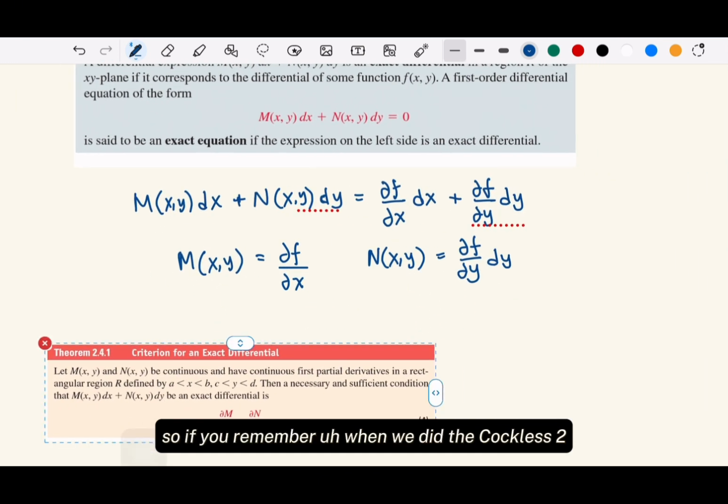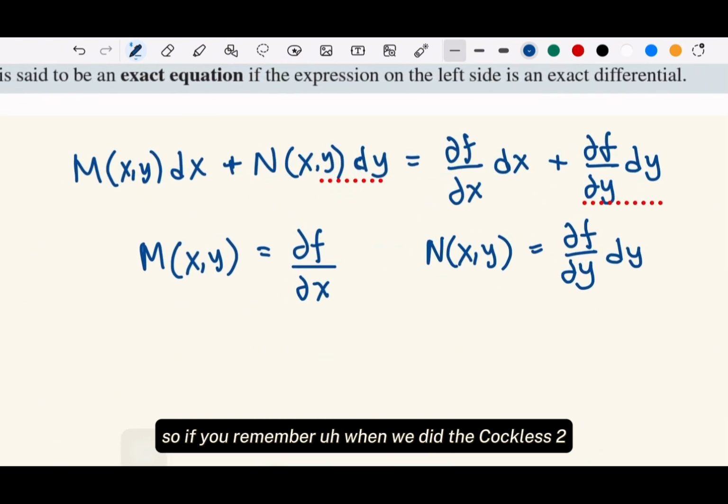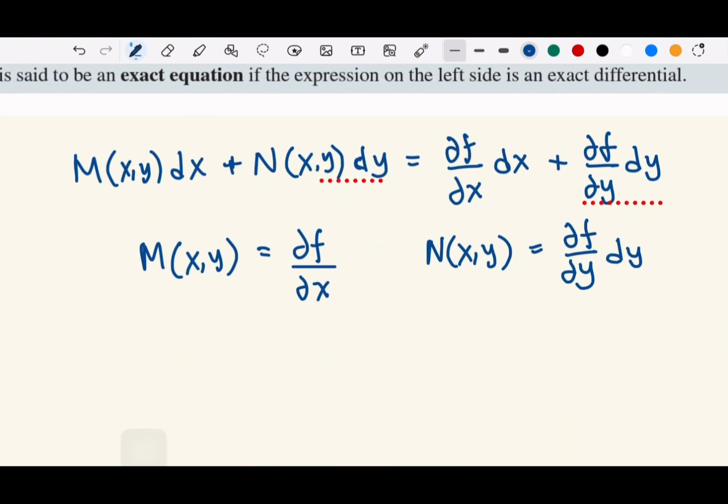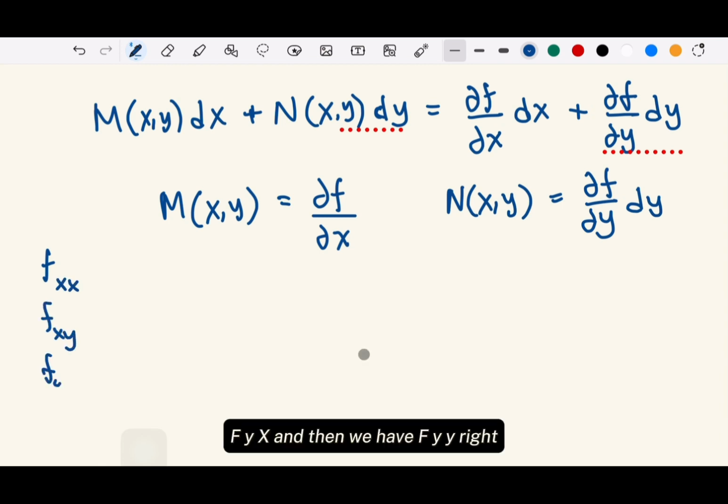If you remember when we did calculus 2, if we take, for example, f, we can make fxx, fxy, fyx, and then fyy. It means that it's the second order, or second derivative.